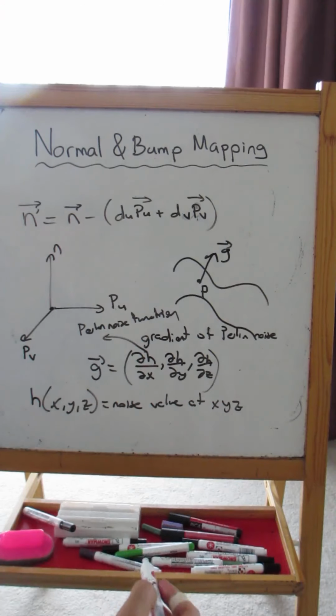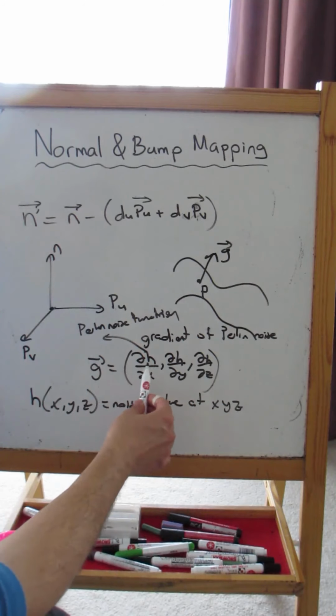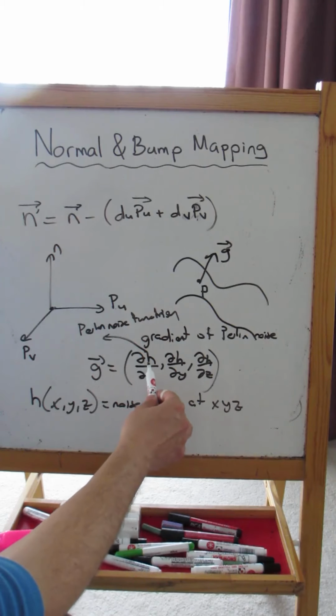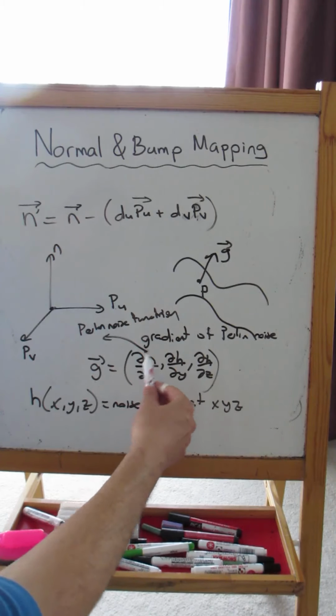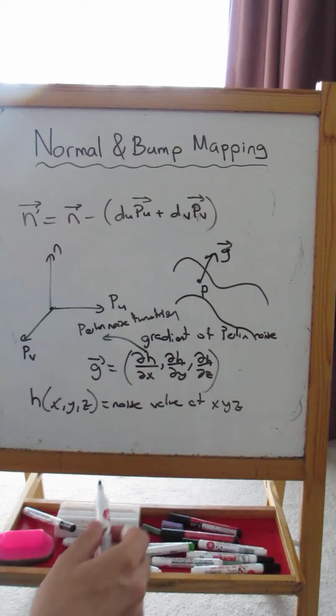We have learned how to compute the Perlin noise in our previous lecture. So the gradient of the Perlin noise can be computed by recomputing the noise value at differential increments along each direction.